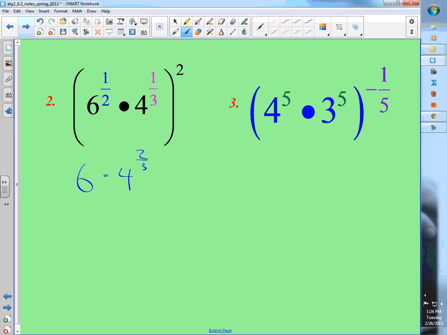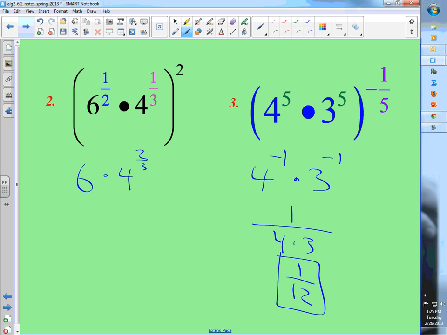One like this is even better because it's the same idea, but this becomes 4 to what power? -1. When we multiply these, you're going to get -1 here, and 3 also to the -1 power, which gives you 1 over 12.